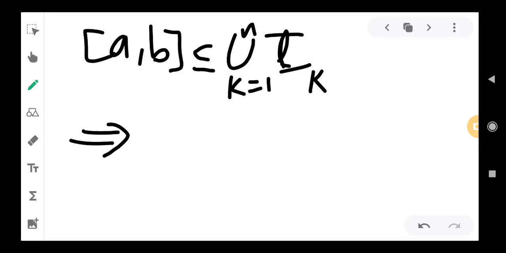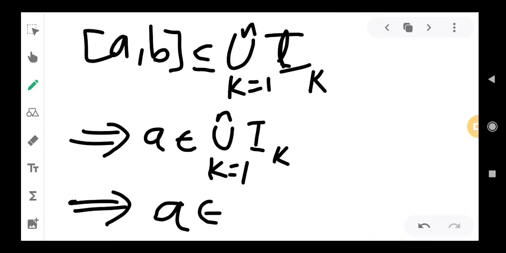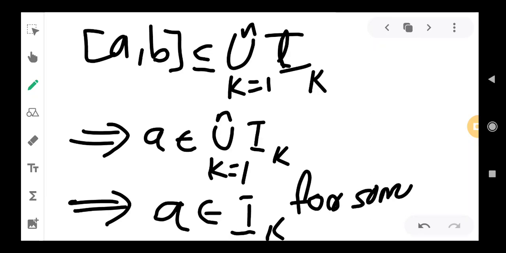So a is an element of the union, k equal to 1 to n, of I_k. So a is an element of some I_k, for some k from 1 to n.